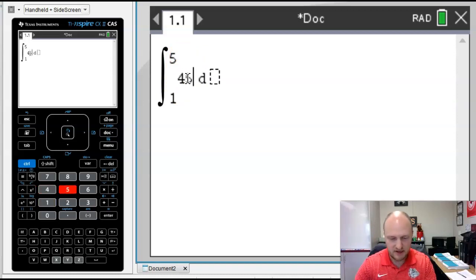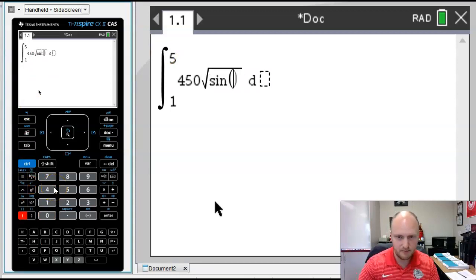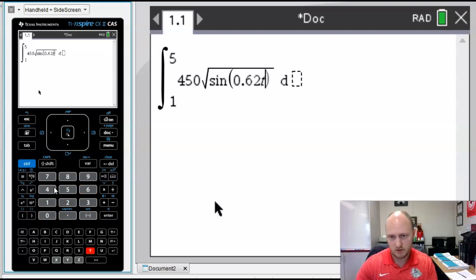I'm going to enter that now: 450 times the square root of sine of 0.62 t. If I use t here, I have to match my differential dt. You might get an error if you use a different variable. If you use an x here and a t here, make sure your variables match. That's the most important thing, okay?